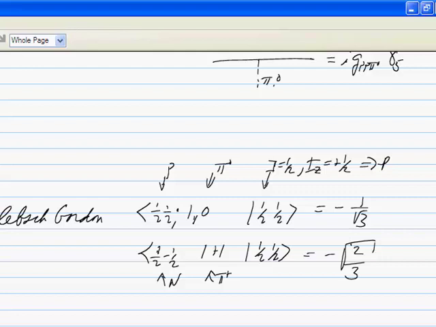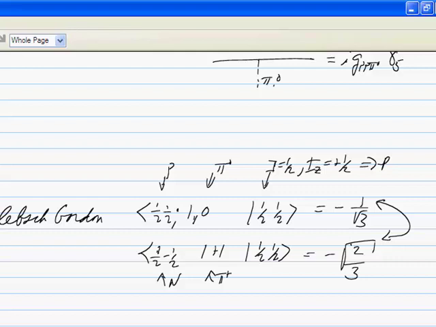You get the relative factors of square root of 2 from the differences in these Clebsch-Gordan coefficients. So using the Wigner-Eckart theorem, you could reproduce this using Clebsch-Gordan coefficients.